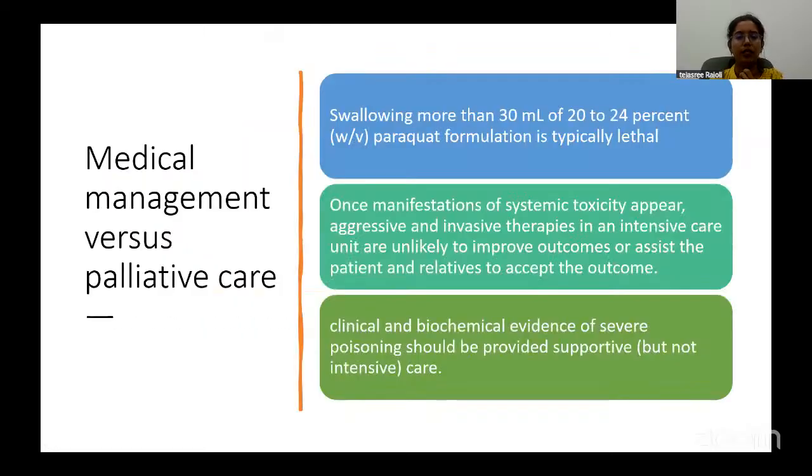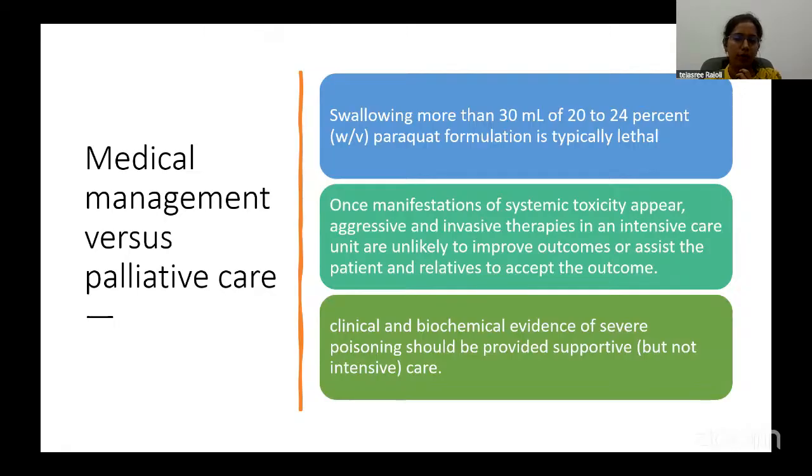So, medical management versus palliative care. When to go for palliative care? Giving aggressive management in severely toxic patients is of no use because ultimately the mortality is very high. So, when you know that the ingested paraquat volume is more than 30 mL, or a mouthful or two of a highly concentrated 20 to 24% paraquat formulation, it is usually lethal.